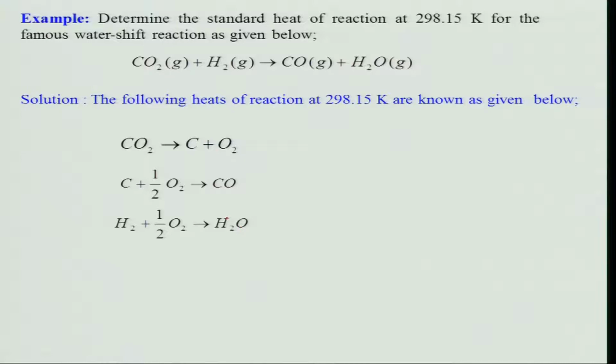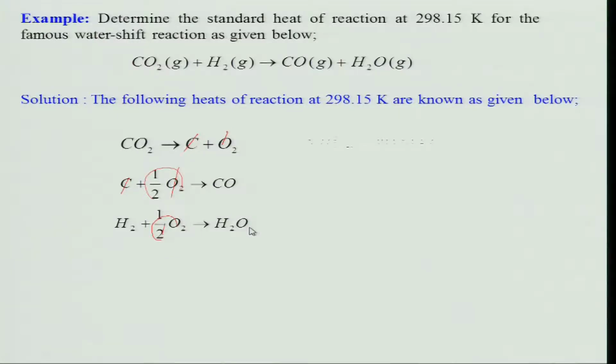If I know these 3 reactions and add all these things, can I get this water shift reaction? Yes or no? If you look, I can cancel this out, and this half oxygen and half oxygen I can cancel. What I land with is CO2 plus hydrogen going to CO plus water.